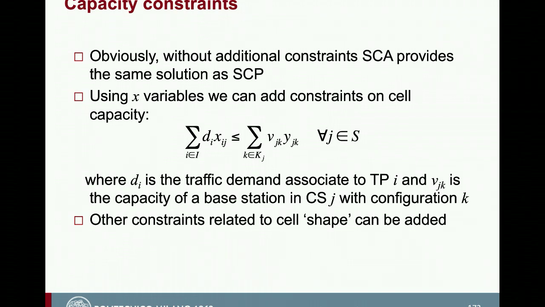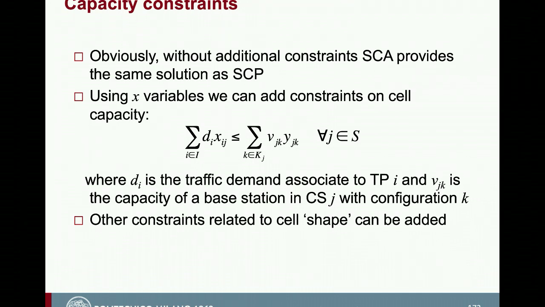So if we assign test points to base stations, we can consider also the capacity. In this example, we are considering these coefficients d_i, which is the traffic associated to a specific test point. This traffic can be measured in Erlang or in bit per second if you wish.